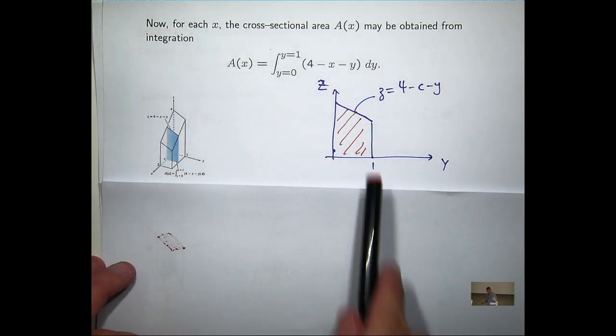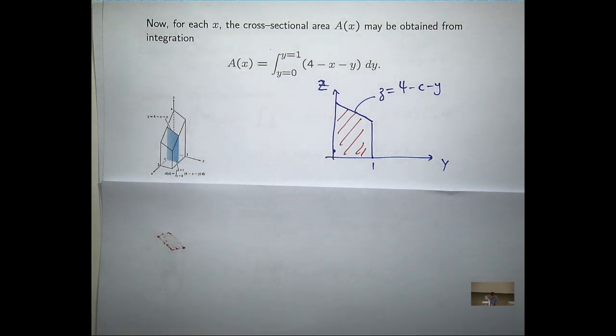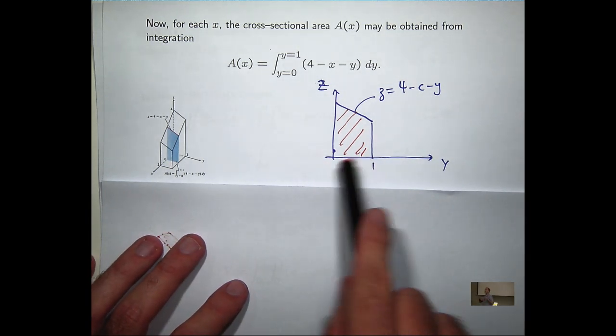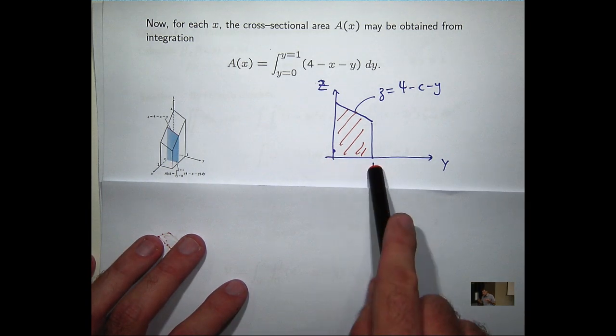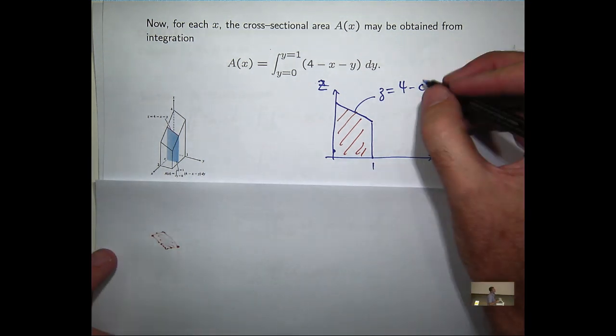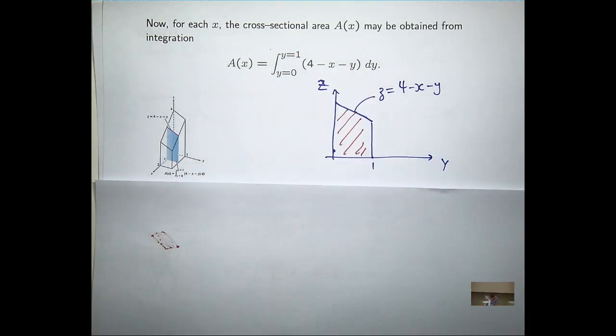So think of this as like a level curve where I've just replaced x with a constant. Now, how do I calculate this shaded area, which is just the blue region for each fixed x? Well, I just integrate with respect to y along the interval y equals 0 to y equals 1. I'm just going to put that as an x just to keep it here.